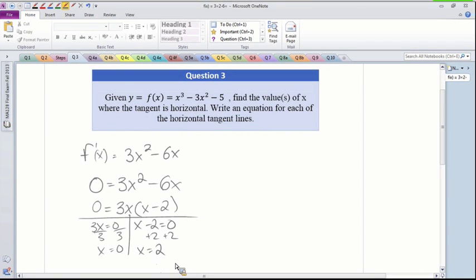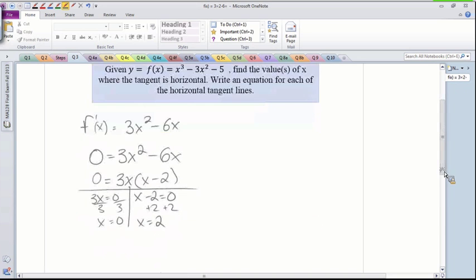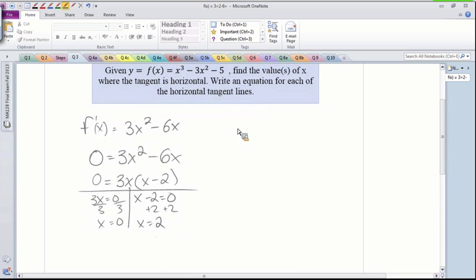We know where they are on the x-axis, but on the y we don't know. So that's why we plug these numbers into our original function to find the actual points where the horizontal lines occur. First I'll find f of 0. f of 0 is equal to 0 to the third minus 3 times 0 squared minus 5. 0 minus 0 minus 5 is equal to negative 5.